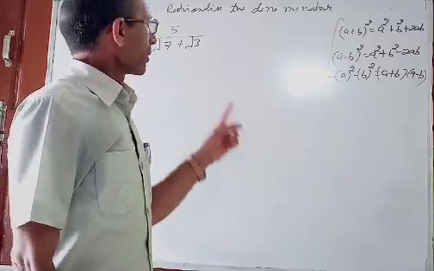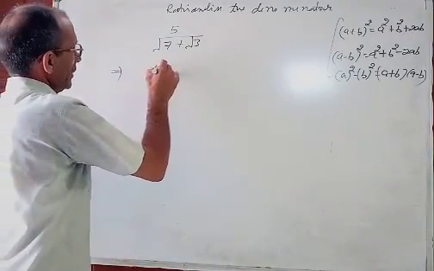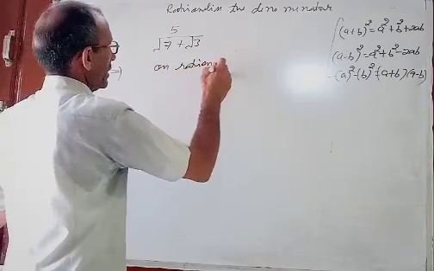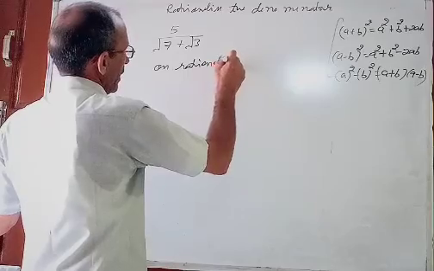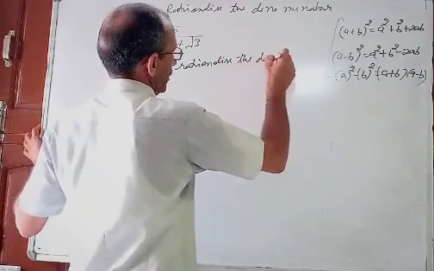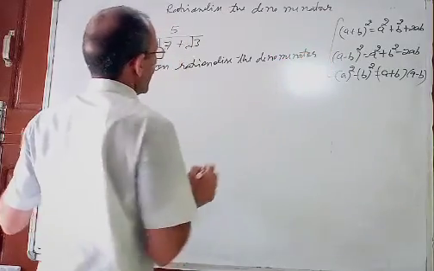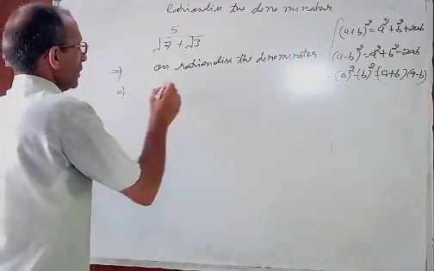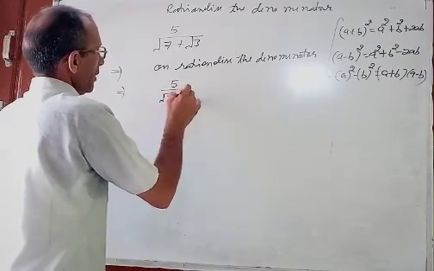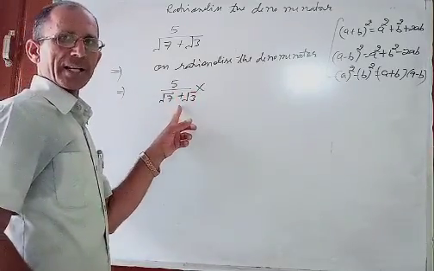So in this question, rationalize the denominator 5 by root 7 plus root 3. So we have to change the sign.